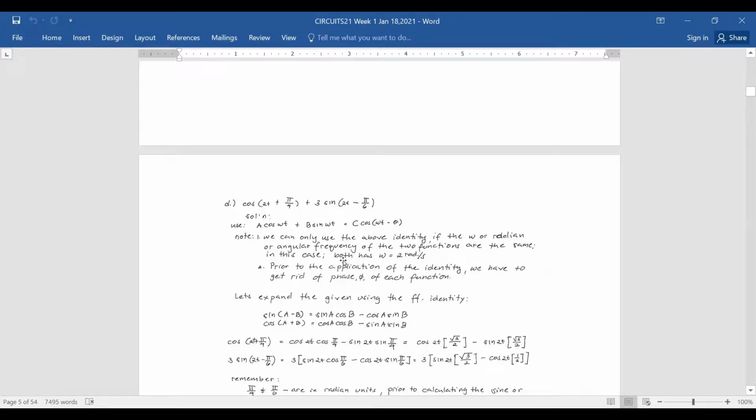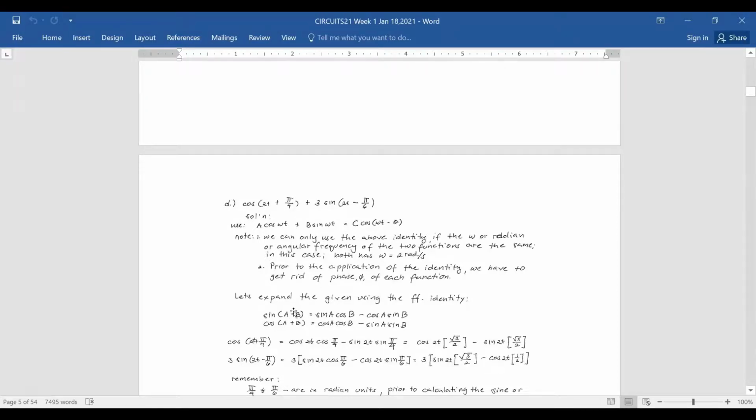When I say phi, this is the resultant of this combination. Say, for instance, this one. Let us expand the given using the following identity, the double angle formula for the sine.